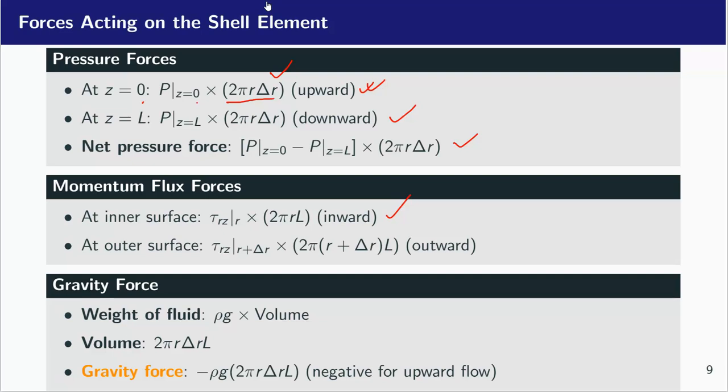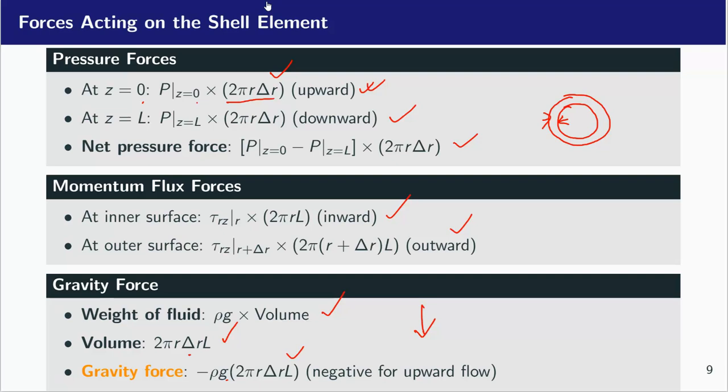And on the outer surface, tau rz at r plus del r, that is 2 pi (r plus del r) into L, in the outward direction. Here, if you see the ring, there is an inner surface and an outer surface. The weight of the fluid is rho g into volume. The volume is 2 pi r del r into L, into rho g, and it will be minus rho g because gravity is acting in the downward direction. So rho g into 2 pi r del r into L.